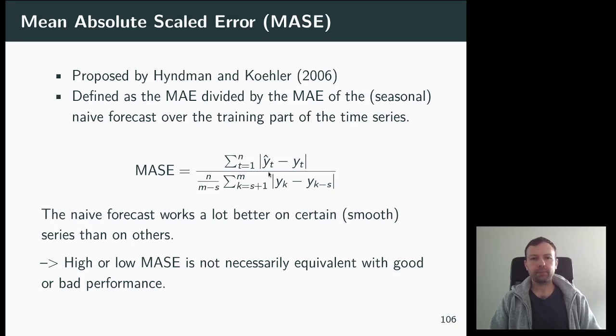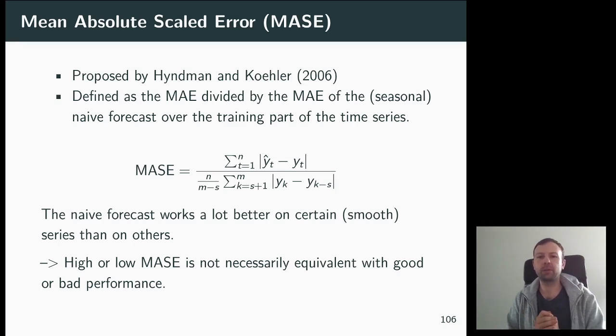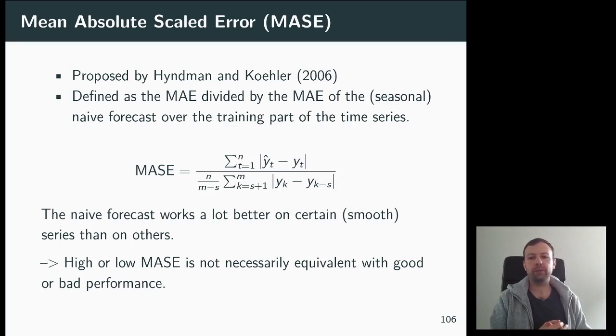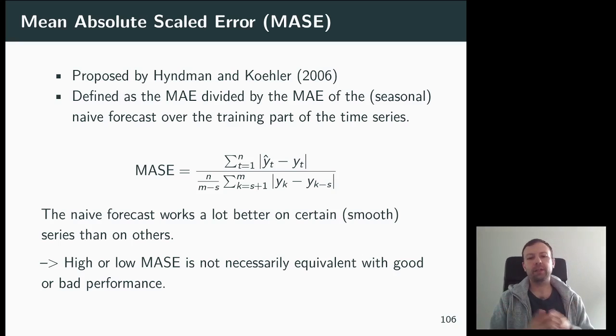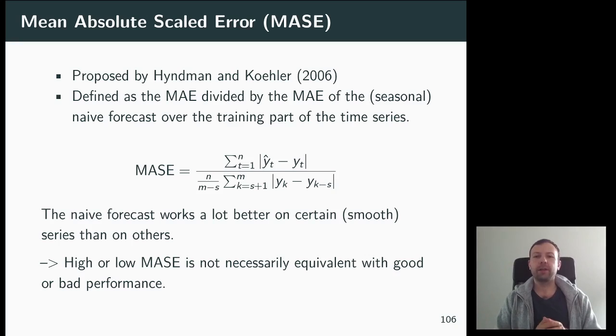However, now you're dividing by the performance of the naive forecast, and it turns out that there are certain situations where the naive forecast works a lot better than in others. If you have a very smooth series, then taking the last value is obviously a good predictor for the next value. If you have something that is jumping around a lot, like an AR1 process with a negative coefficient, then obviously the naive forecast will be horribly bad.